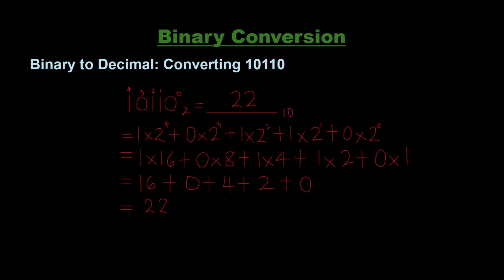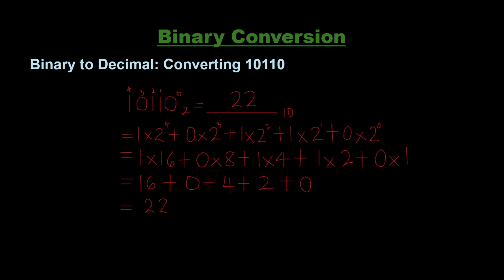Now let's go the other way and convert a binary number back to decimal. We'll use 10110 as our example. Each digit in binary represents a power of 2, starting from the rightmost digit as 2 to the power of 0.